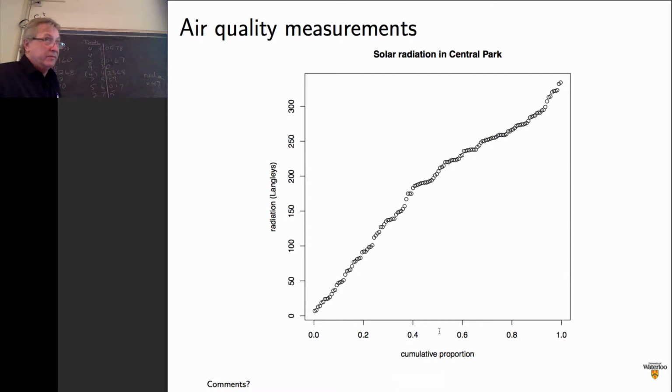Where would be the location? Where do these measurements in Langleys, the median value for example, fall? Looks like somewhere around 200. So you can get that. What would be the spread of these? What would be the interquartile range?